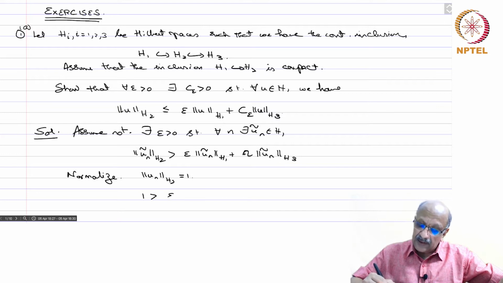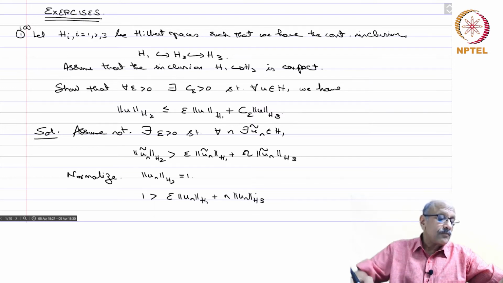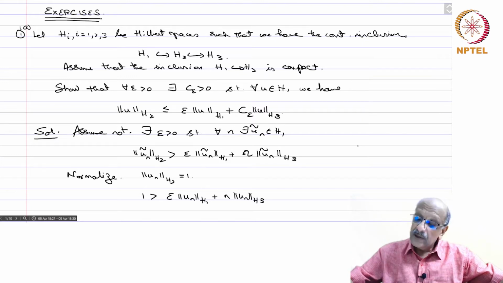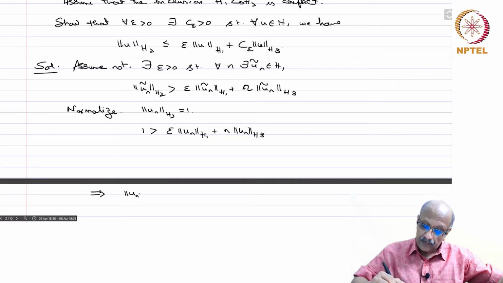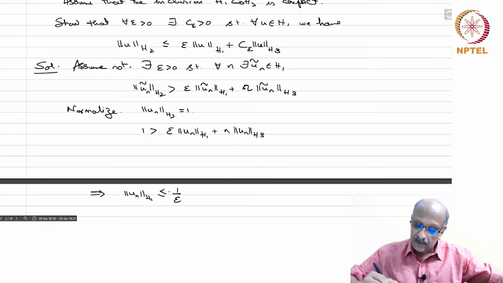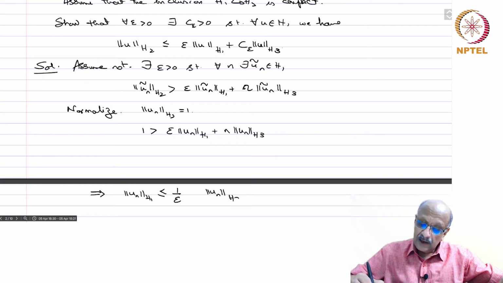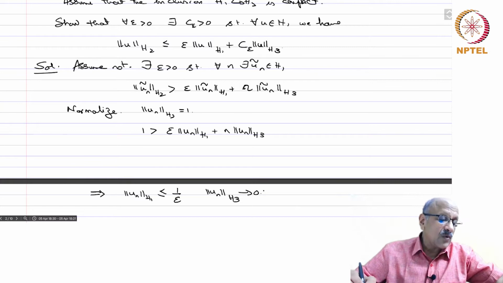So 1 is bigger than epsilon times norm u n in H1 plus n times norm u n in H3. Okay, so this will imply that norm u n in H1 is less than 1 by epsilon, so it is bounded, and then norm u n in H3 goes to 0 because it's less than 1 by n, and therefore it goes to 0.